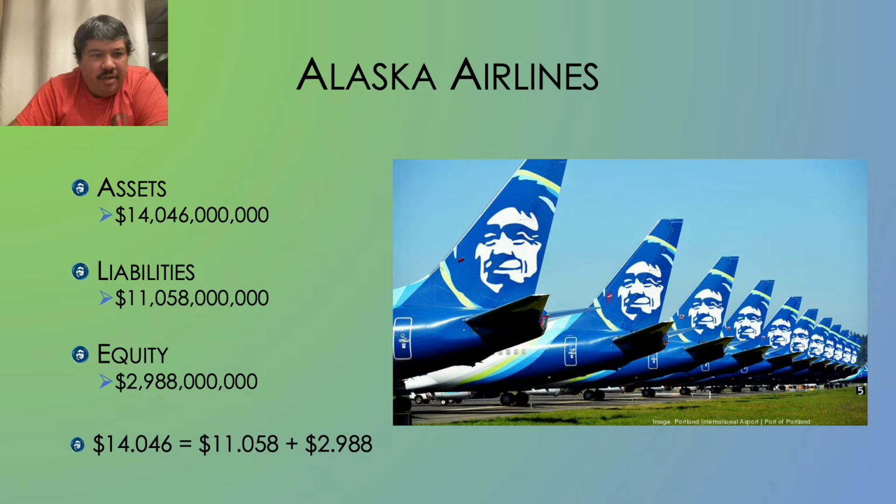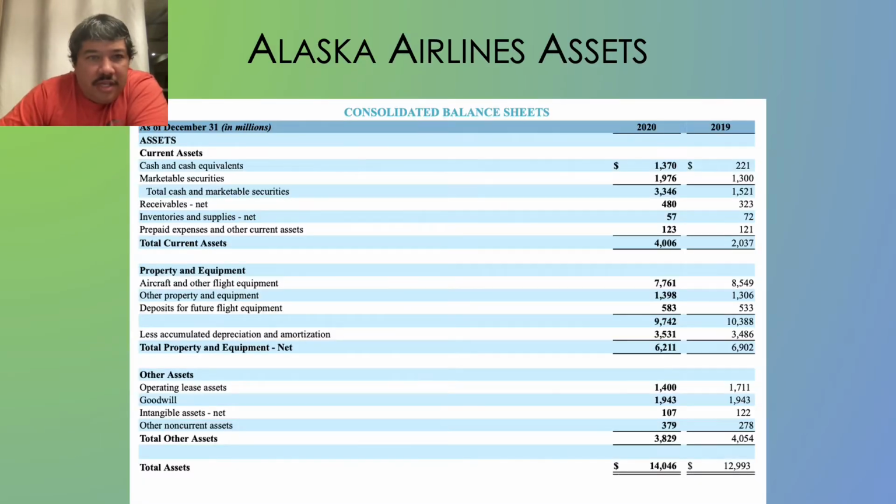If you take their assets of $14.046 billion, it equals liabilities of $11.058 billion plus equity of just shy of $3 billion. So it makes sense. Total current assets are roughly $4 billion.